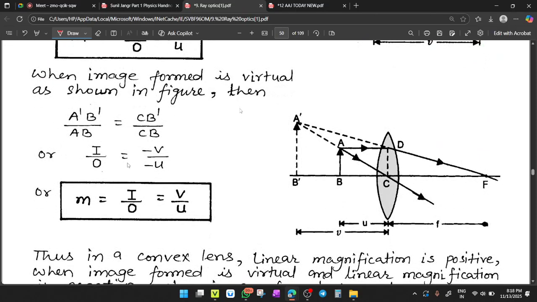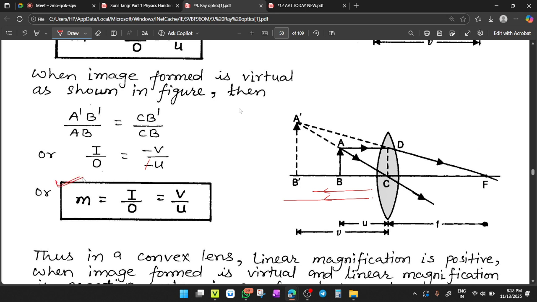Now for the second case, when the image formed is virtual, what happens? When the image is virtual, then again it is A dash B dash upon AB equal to CB dash upon CB, and I upon O equals minus V upon minus U, because both the distances are on the left side of the lens. So both are negative, and the negative and negative signs will cancel.